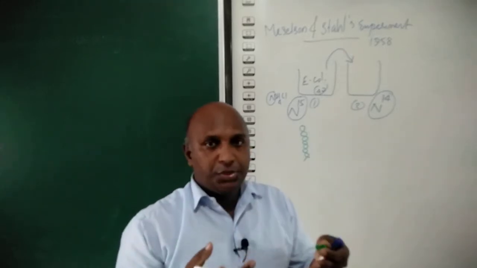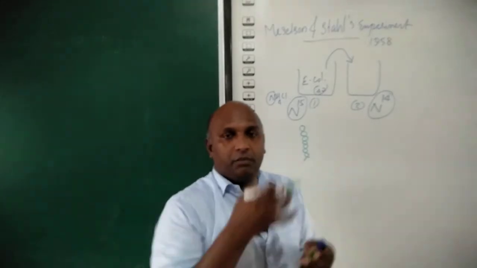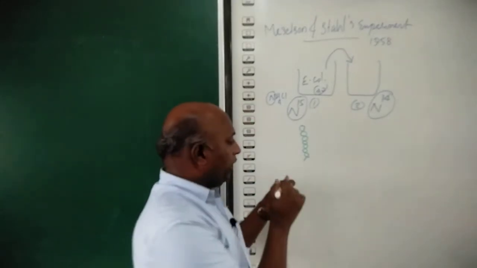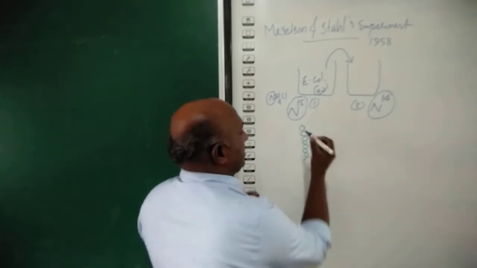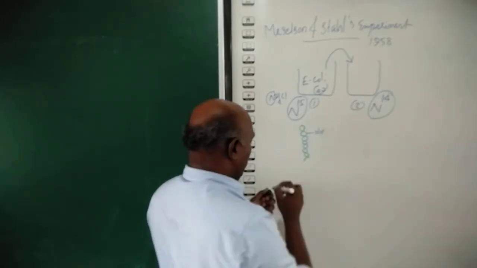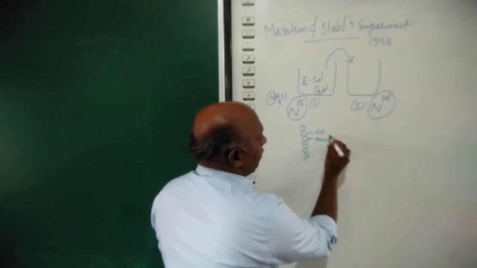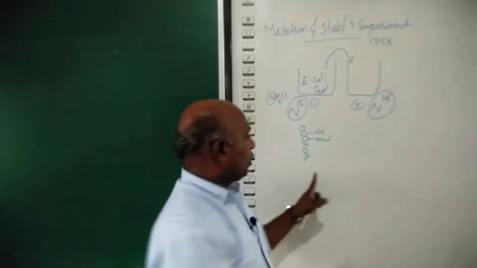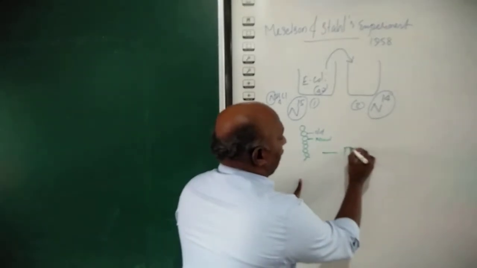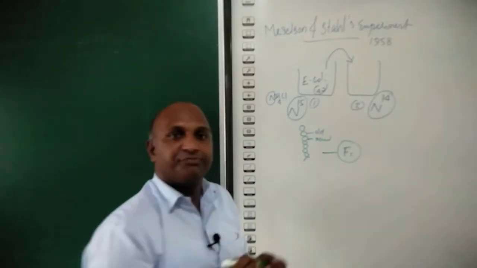Hybrid means two different things come together and make a new one, an old form and a new form. The blue indicates the old form and the green indicates the new form of DNA strands. They considered this the F1 generation.